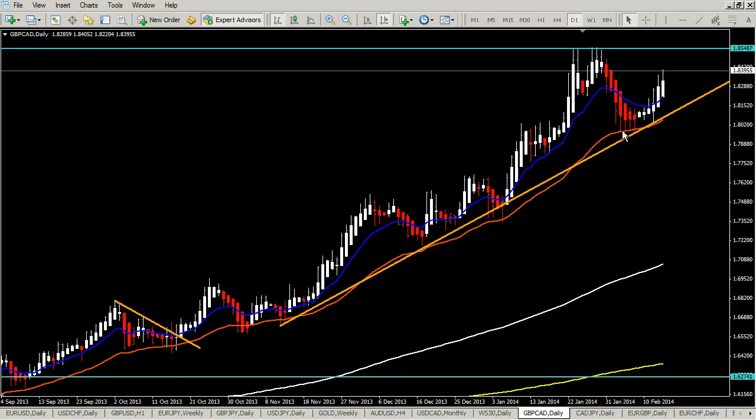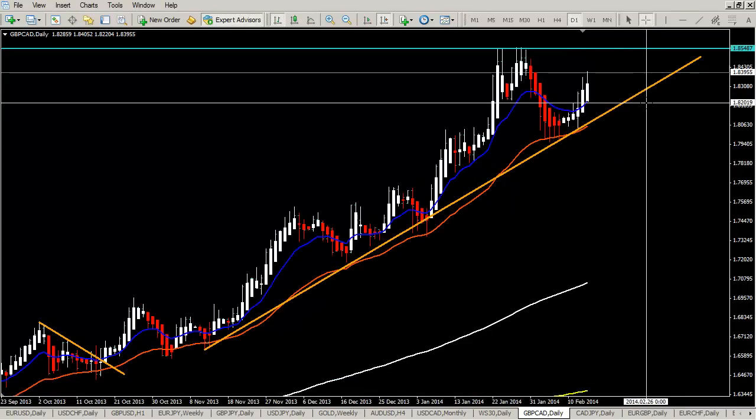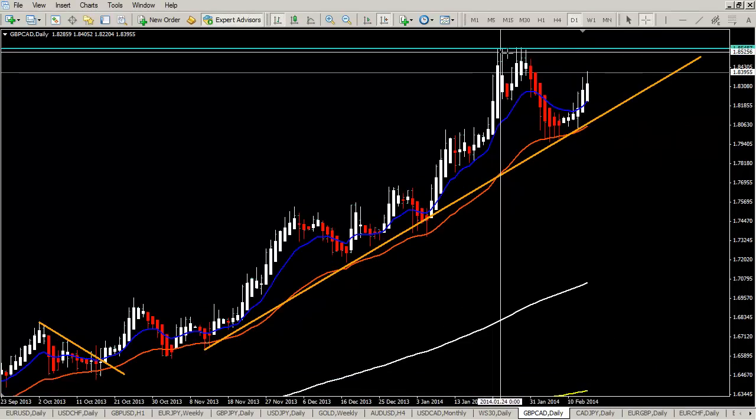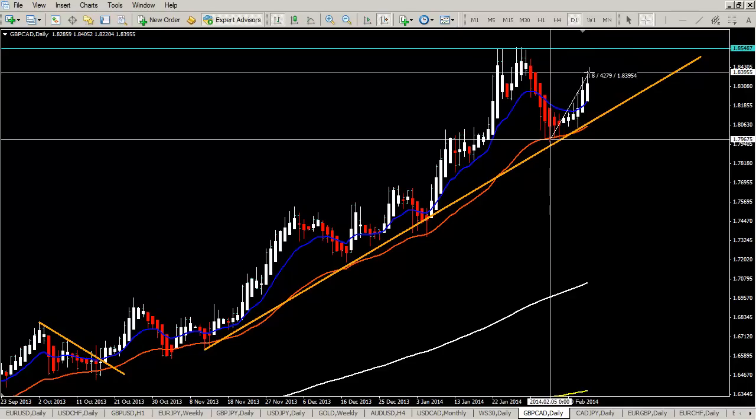Price retraced, but as you can see, our powerful support line at 36, it's bouncing again. And as I mentioned last time, if it really moves up, if it breaks here, we'll probably reach the resistance quickly, and it looks like it. You see, since the bounce, this pair moved up another 450 points.